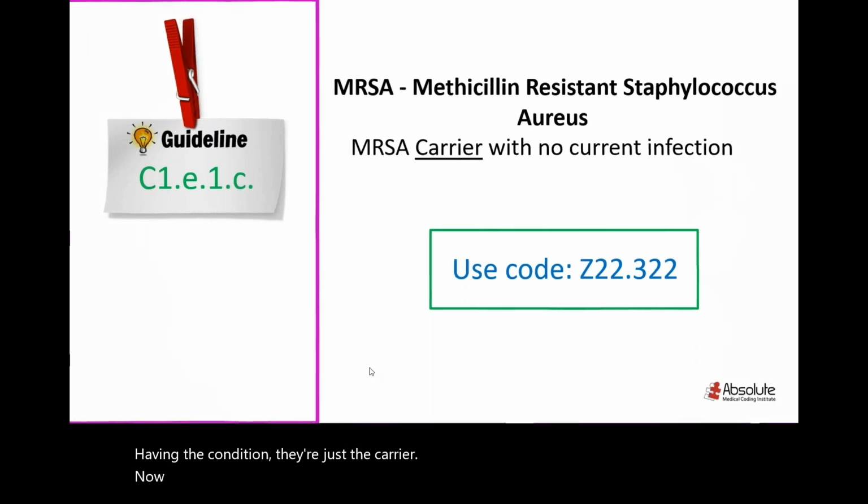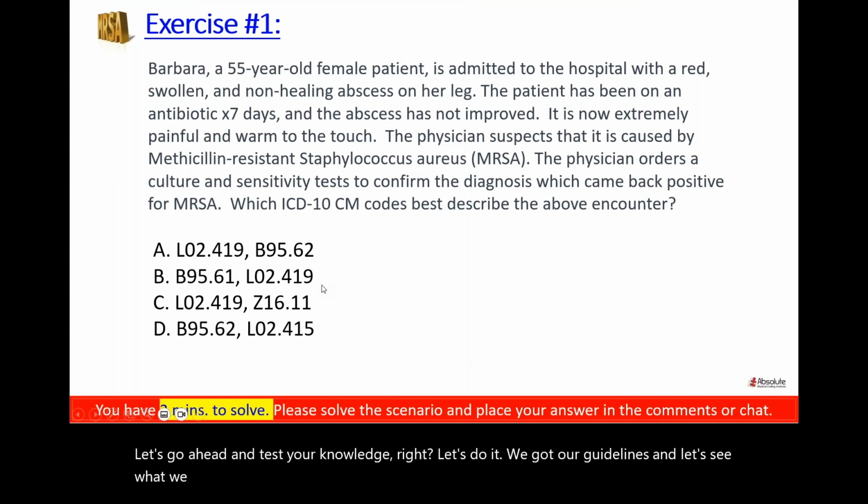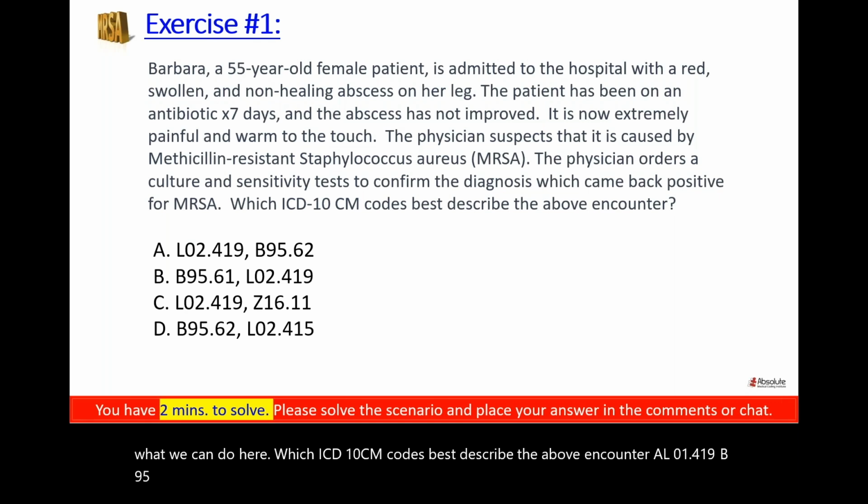Now, let's go ahead and test your knowledge, right? Let's do it. We got our guidelines, and let's see what we can do here. Which ICD-10-CM codes best describe the above encounter? A, L01.419, B95.62.